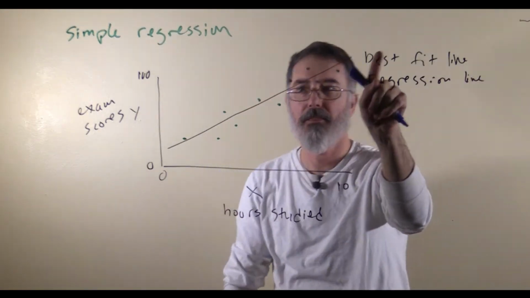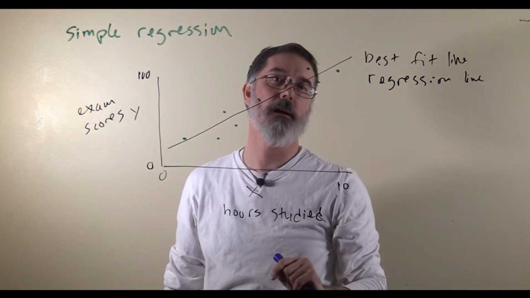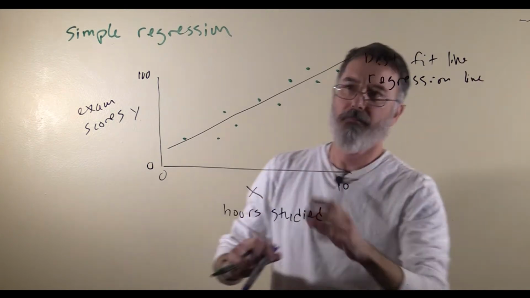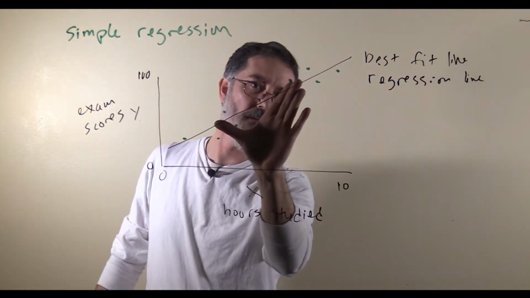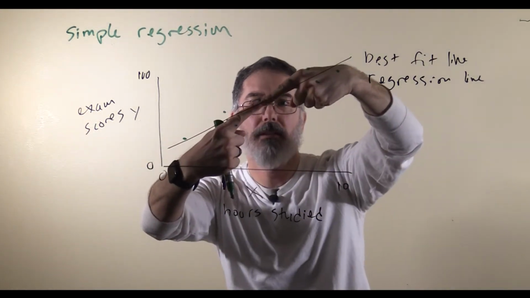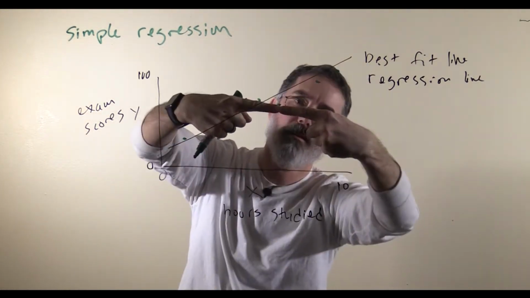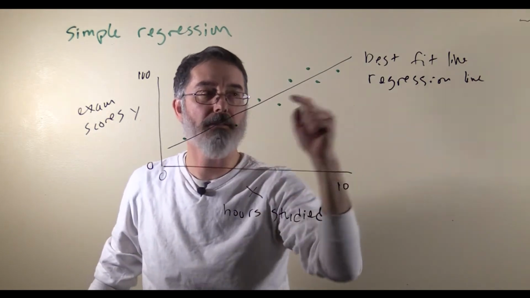So what makes this line the best fitting line? How does SPSS or whatever's doing your calculations for you know that this is the best line and not one that's a little bit more this way or a little bit more this way? What makes this one the exact best?